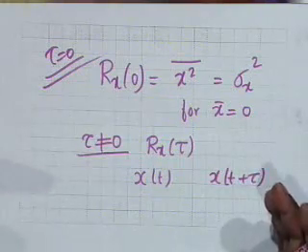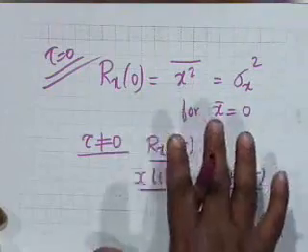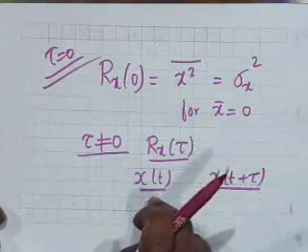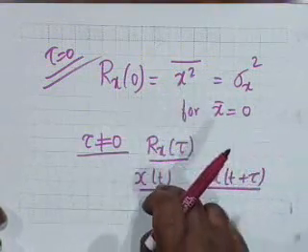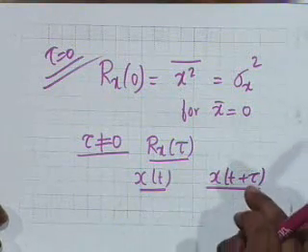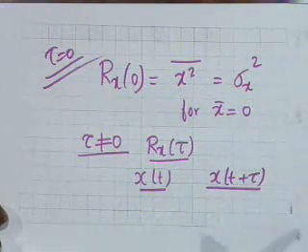It would only mean an advance by an amount of tau. On the other hand, because it is a random time function, x of t and x of t plus tau may be quite dissimilar. So, Rx of tau physically has the interpretation of how similar the waveform of x of t plus tau is to that of x of t, or in other words, how much wave shape of x of t is retained after an interval of tau.